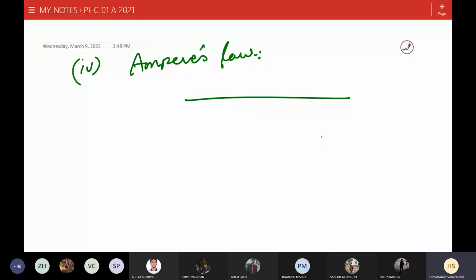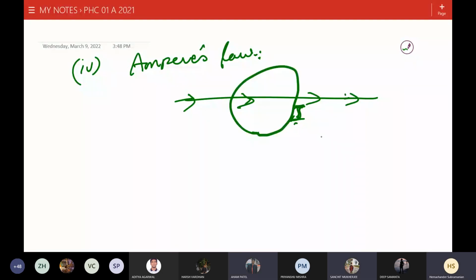Let's say you have a wire which carries a current I or J or whatever. The current flows through this. How does the magnetic field look for this wire? It's a circle. It's curling. Exactly.